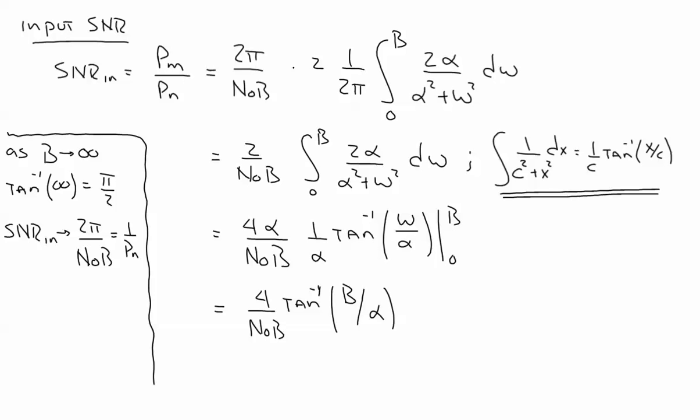So at the input of my optimum filter, as I look at a larger and larger spectral region, my signal-to-noise ratio goes to 0. The message power remains finite. The noise power gets larger and larger as I increase my observation bandwidth B. My signal-to-noise ratio approaches 0.